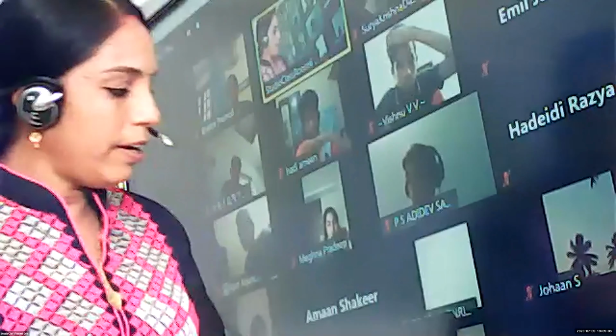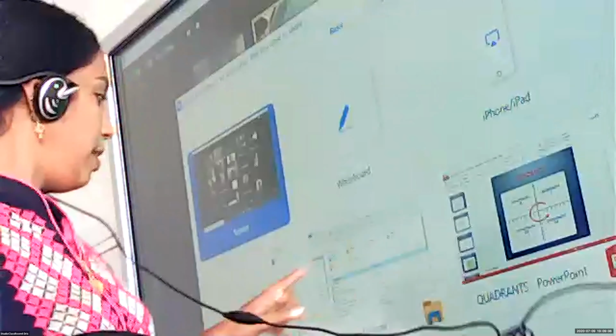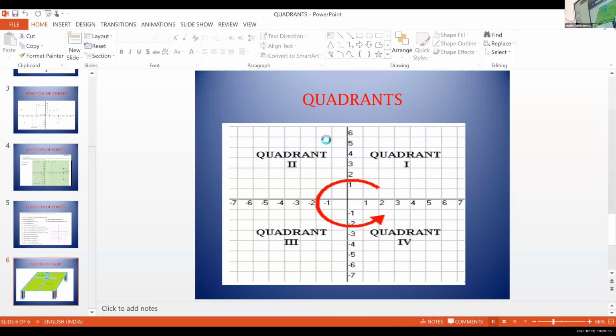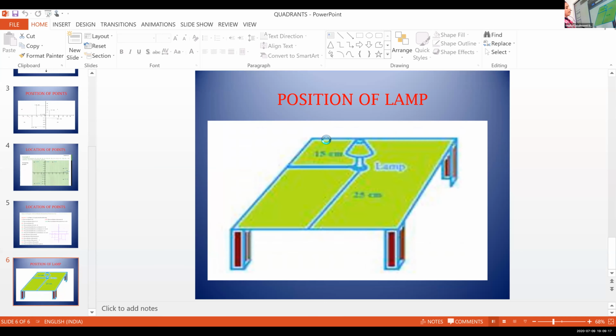Location of points, if I show an example, you will understand. Can you see the position of a lamp? There is a green lamp here. That lamp is in the middle of the table.